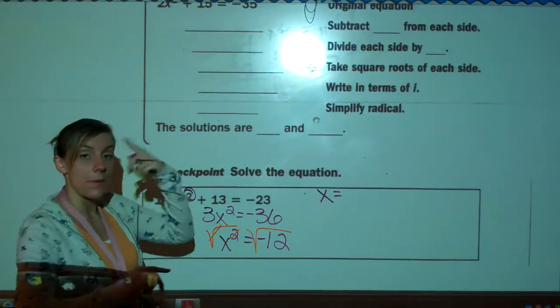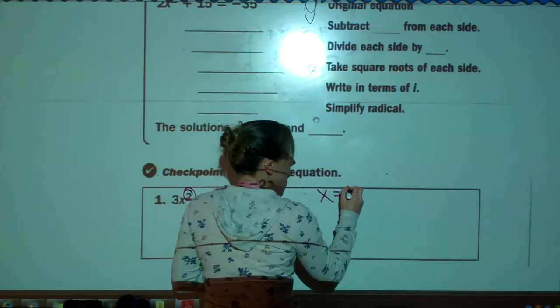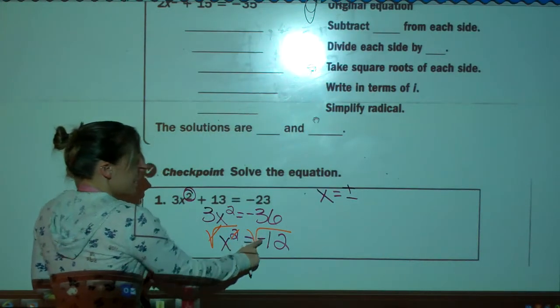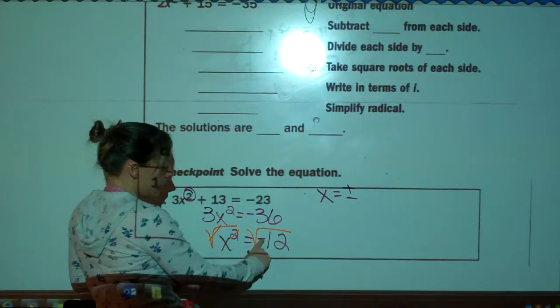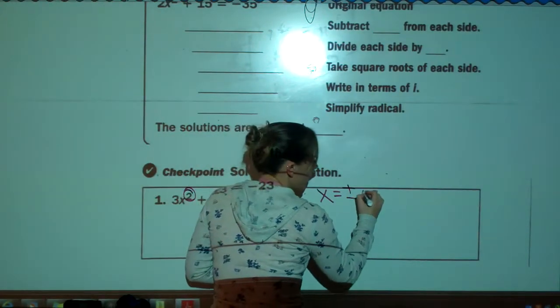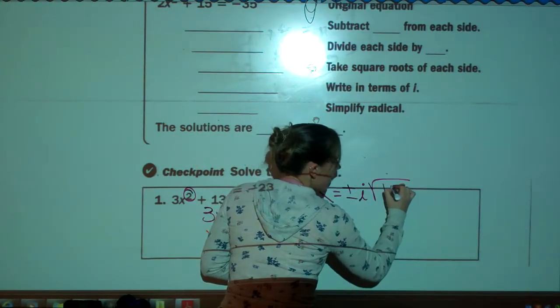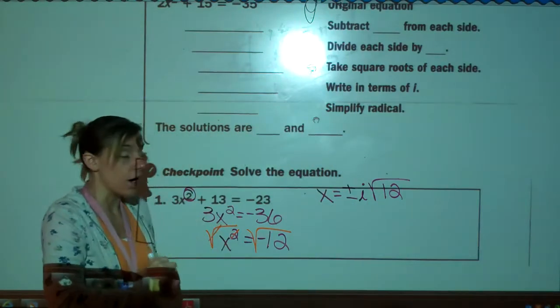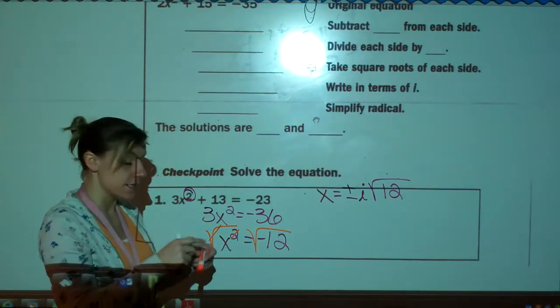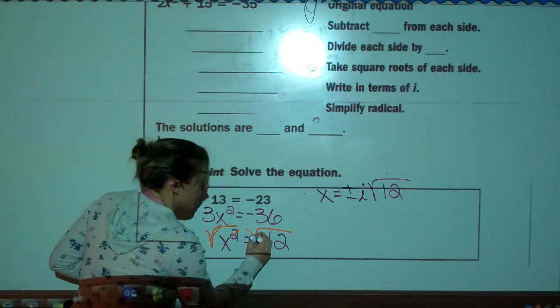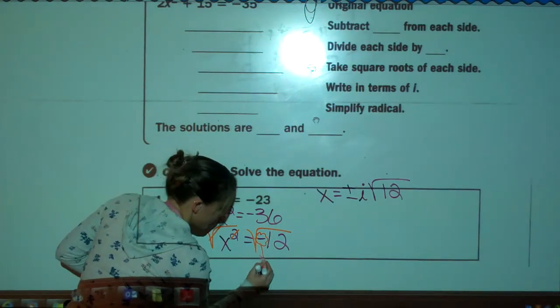So I hope that reminds you I need a positive and a negative version. So positive and negative. It's the square root of a negative 12, so we can pull that i out. And then let's deal with that 12. That 12 will simplify. It doesn't square root all the time. Again, remember that's i.